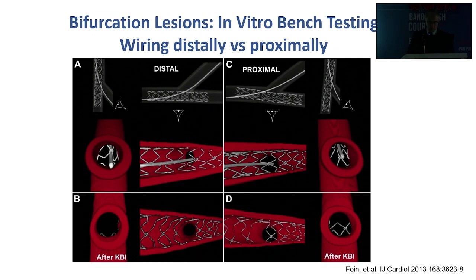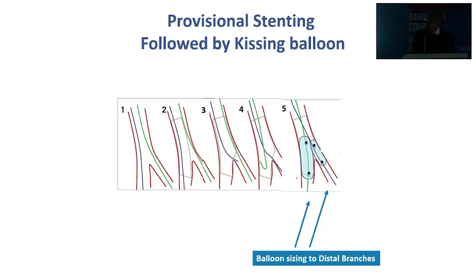So, a couple of things. We talk about wiring the main branch, wiring the other one, delivering the stent, and then rewiring into the distal one and finishing with a kissing balloon. This is something that a lot of people do.